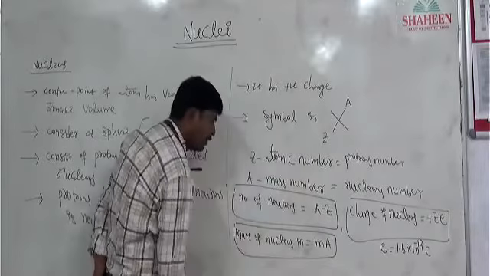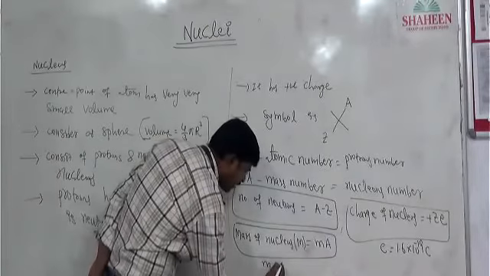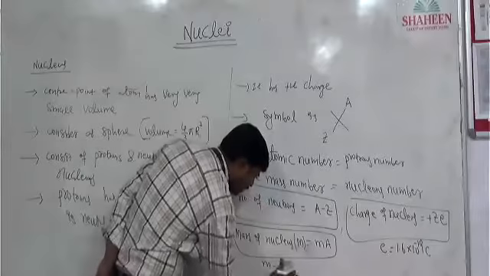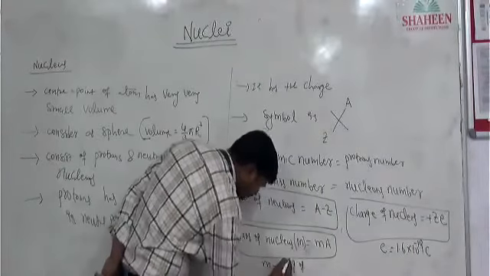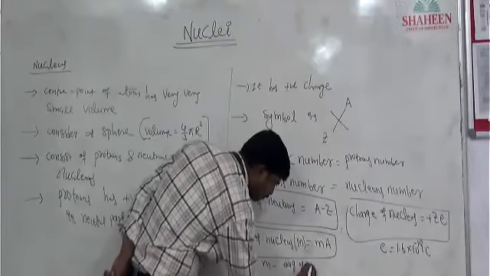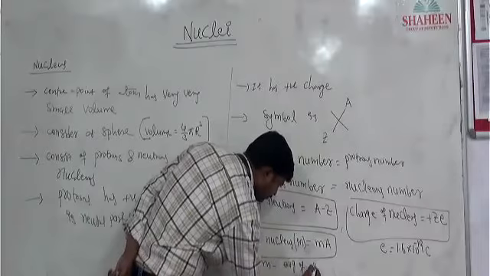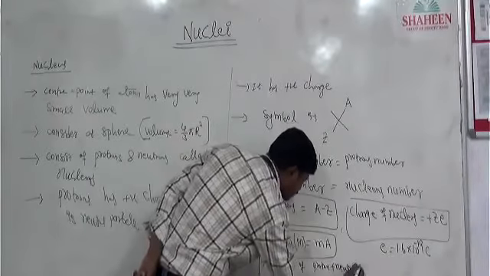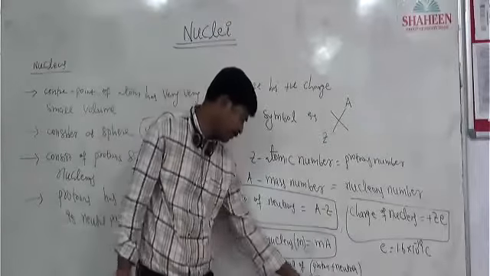M into A, where small m is the average mass of protons plus neutron. Average mass of one nucleon, nothing but proton and neutron.